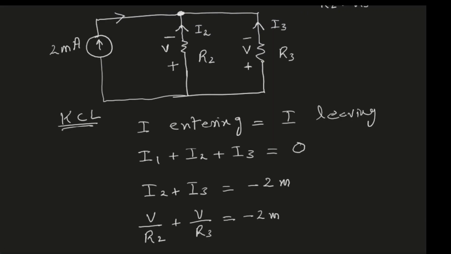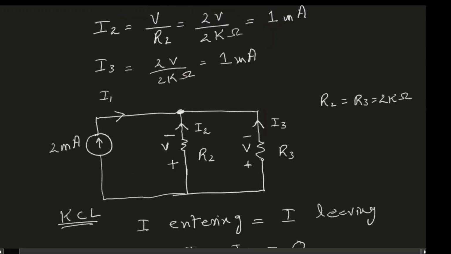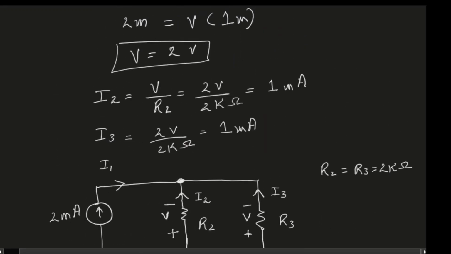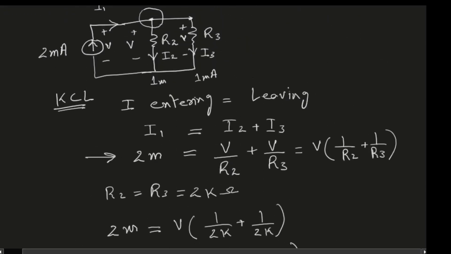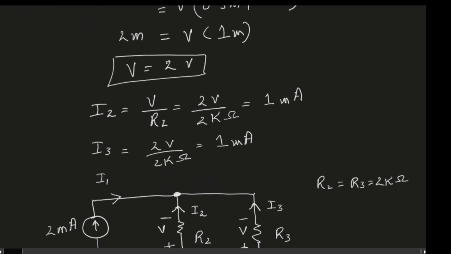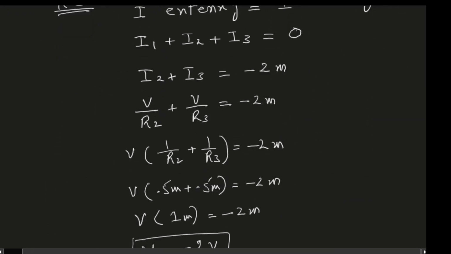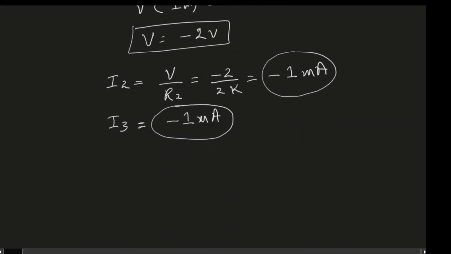And the current I3 is also 1 milliampere, but in the downward direction, which is the same result as we got in the first analysis, the first solution of this circuit, where we had chosen that the currents were moving downwards. Both solutions give us the same result.